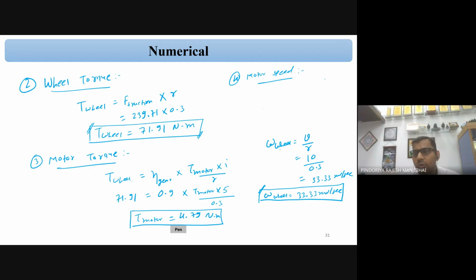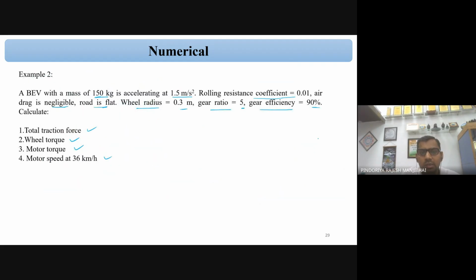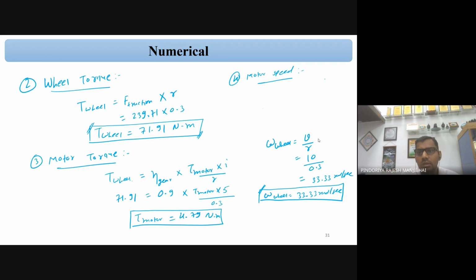Correct. So final formula, omega wheel is velocity divided by r. So velocity is 10. How can we calculate velocity? It is given the speed, 36 kilometer per hour. So we have to convert into velocity.